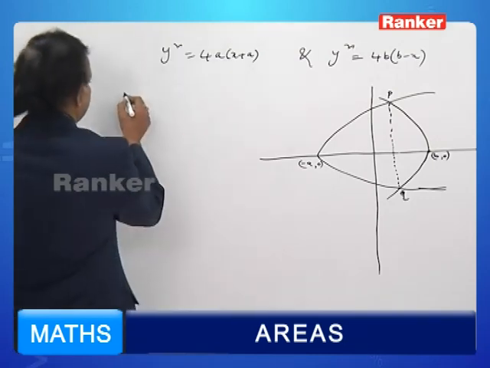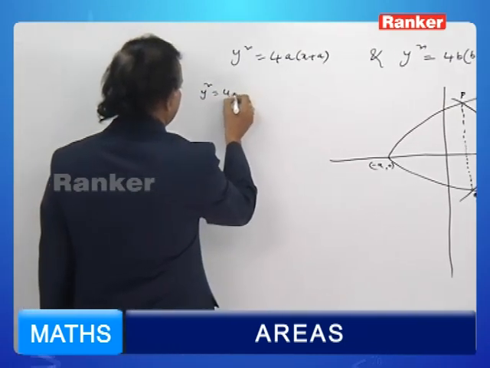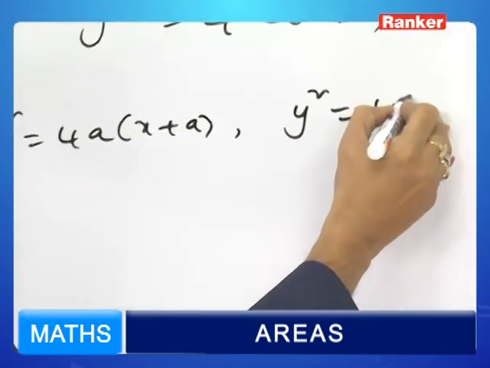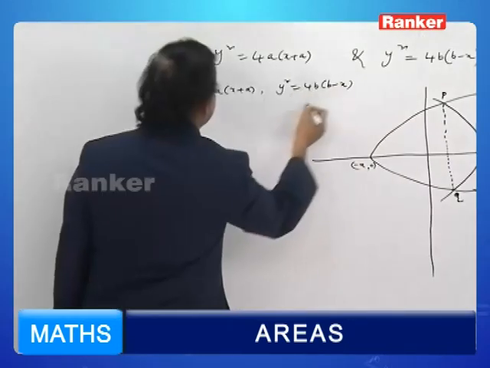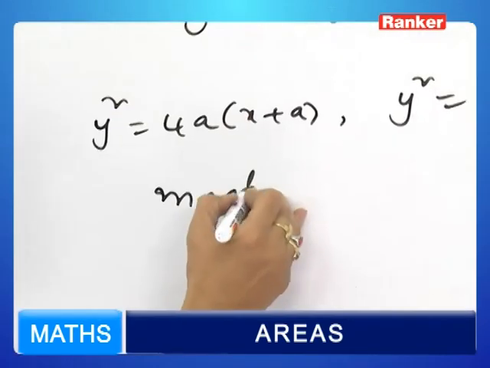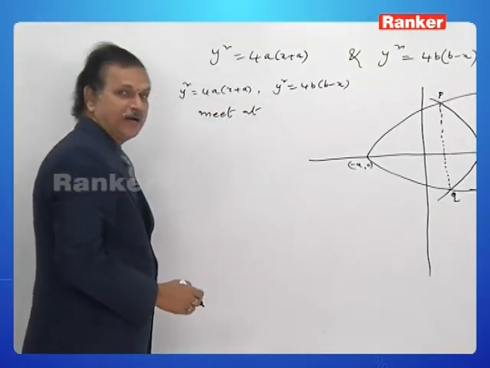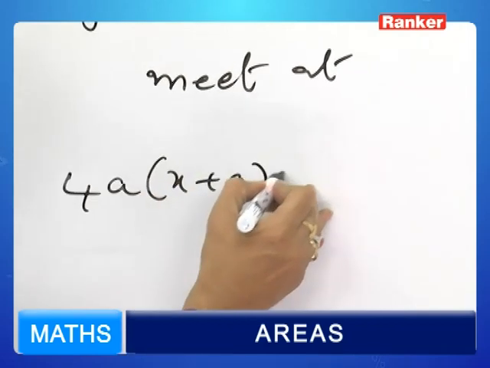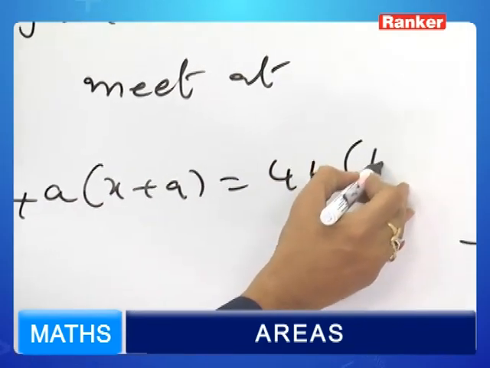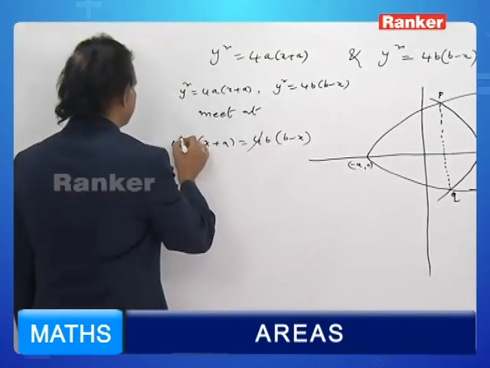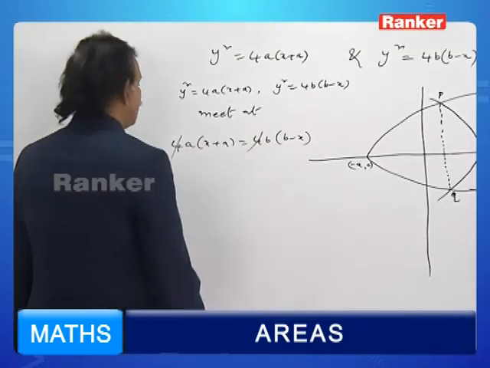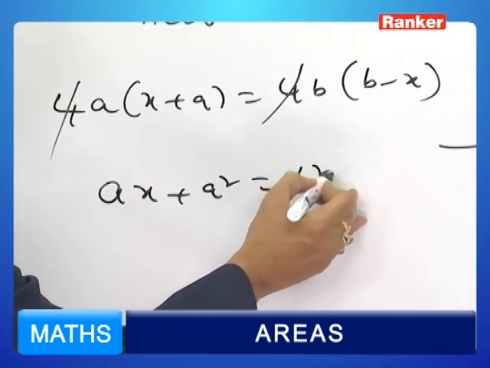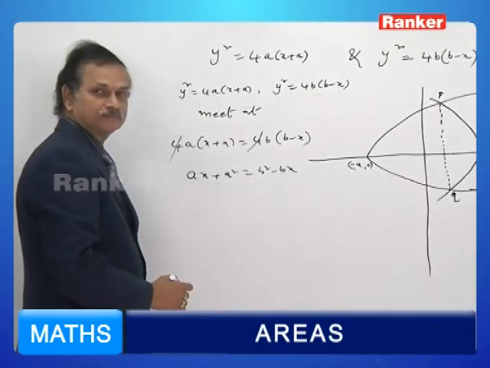Look here. y square is equal to 4a into x plus a, and y square is equal to 4b into b minus x. When and where do they meet? 4a into x plus a is equal to 4b into b minus x. Okay, ax plus a square is equal to b square minus bx.